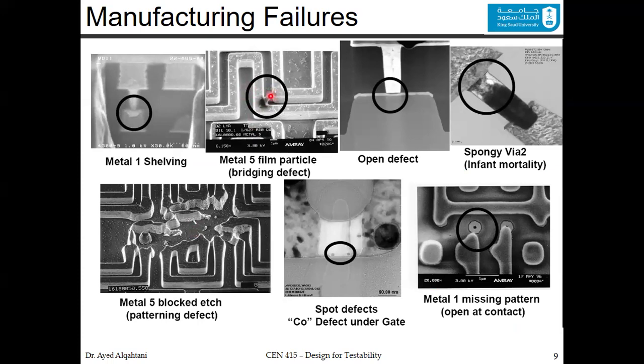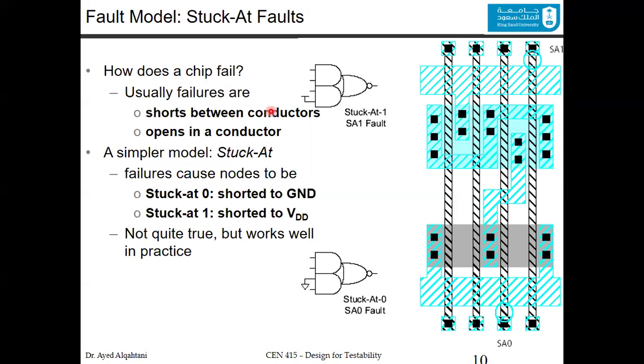Those two lines are connected together. They're not supposed to be connected, not to VDD, not to ground, but it's a fault that you need to worry about. There are other models that cover these, but the simplest one that we want to study in this introductory class is the stuck at fault.